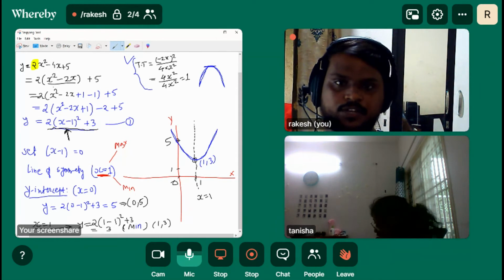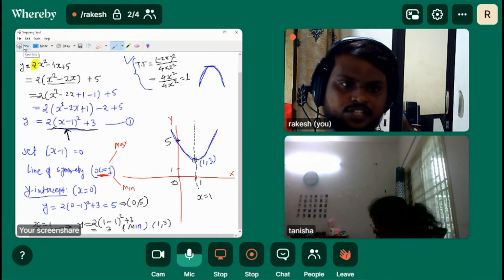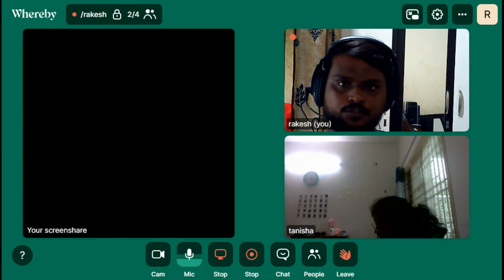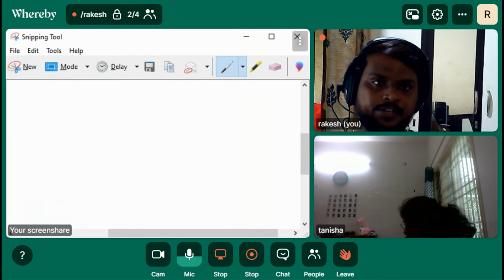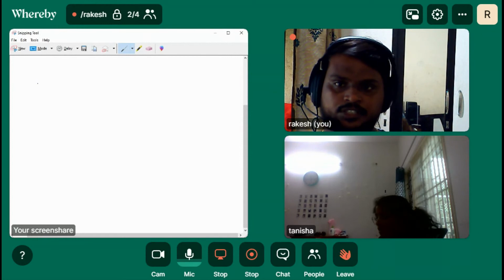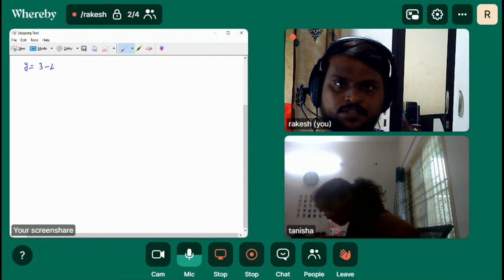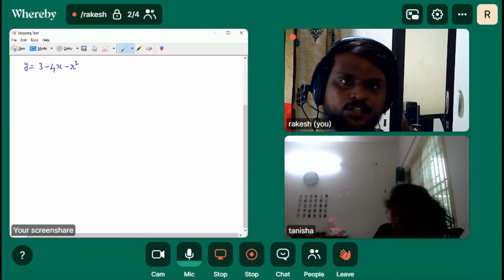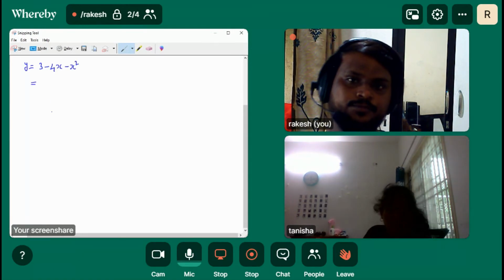I'll give you one more example quickly. You complete the square, and we'll quickly draw the graph also. Suppose y is equal to 3 minus 4x minus x square. In this case, what will you do?